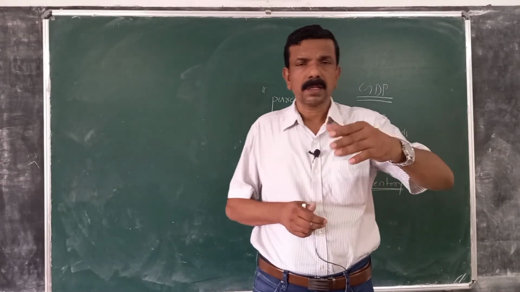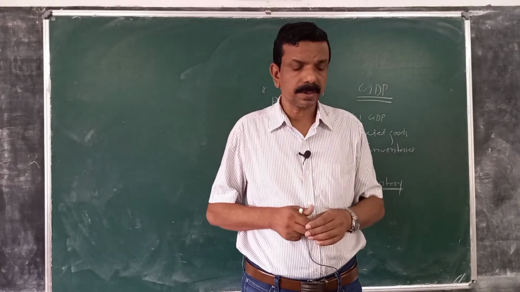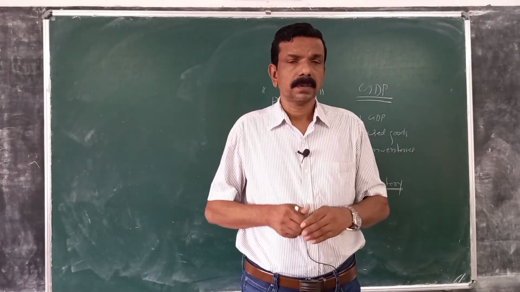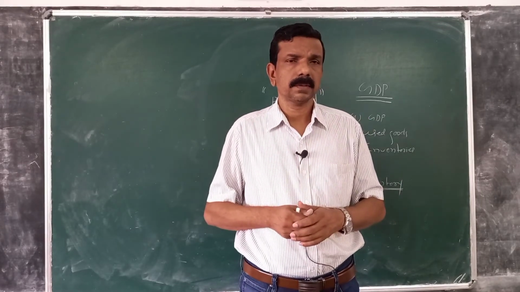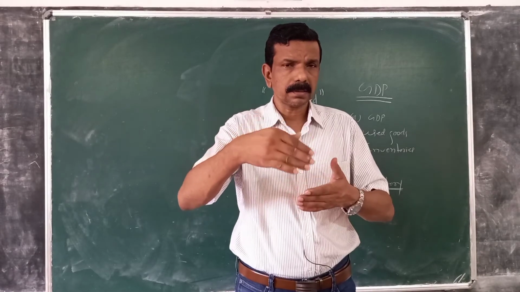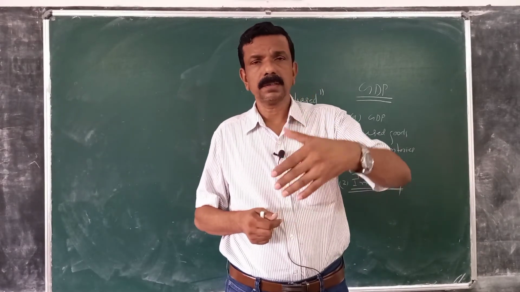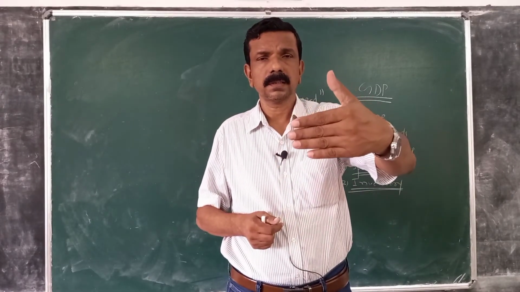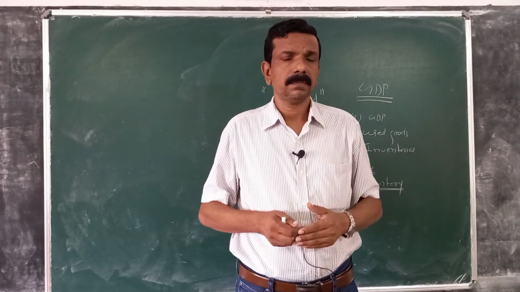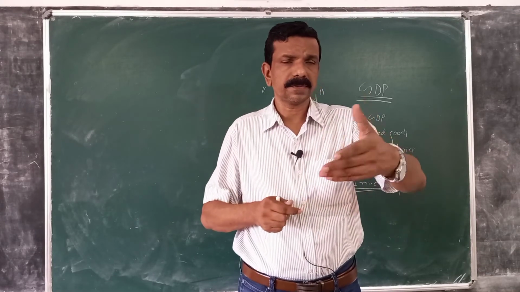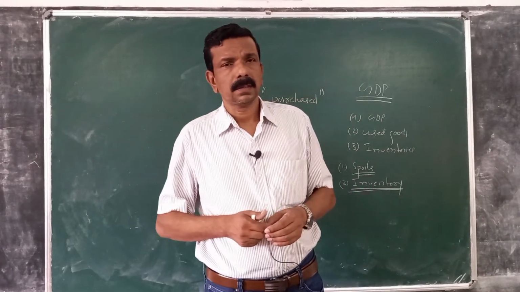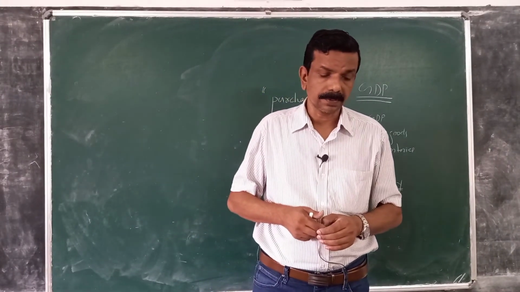Then comes housing and other imputations, that is the services of owner-occupied houses. We will not pay rent to anyone, so it is not included as a market value. But what we do here is we include the value of such services as imputed value.